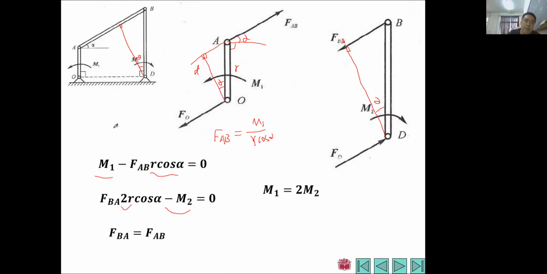I think the simple way to prove why this angle is alpha is to use the principle of geometrical knowledge. You can find here is the angle we know its value is alpha, right? And when I draw a line from D perpendicular to AB, maybe D prime, you will find this angle is too.